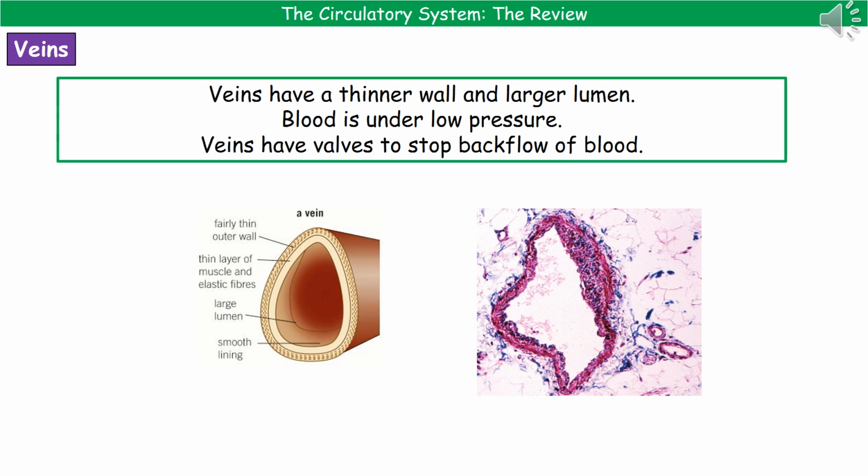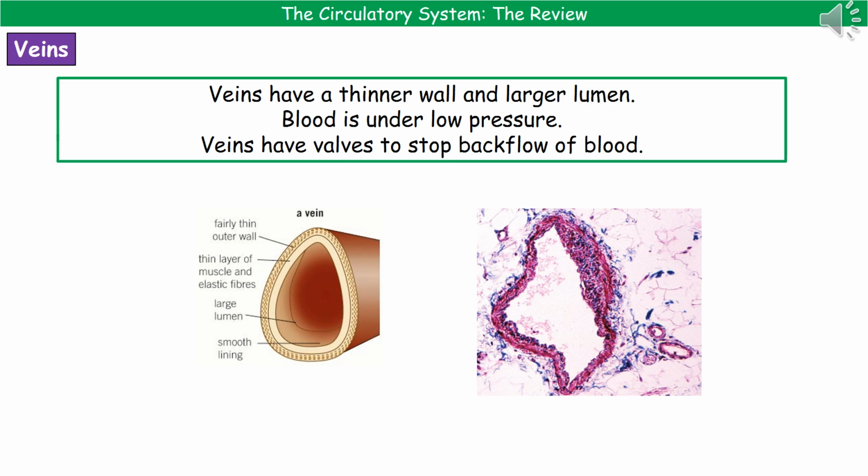One of the key questions that they used to ask about this is the fact that they would give you two images, one of an artery, one of a vein, and then they tell you that so-and-so thinks that structure A is an artery, and they'd ask you to say whether they were right or wrong. Now, you've got to justify your answer here, and this is actually a comparison question.